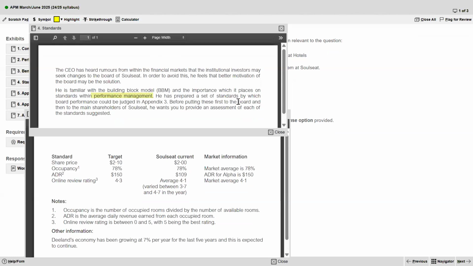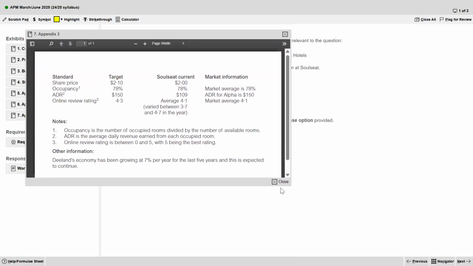He has prepared a set of standards by which board performance could be judged in Appendix 3. Before putting these first to the board and then to main shareholders, he wants you to provide an assessment of the standards suggested. So basically, what is he asking you to do? He wants you to provide an assessment of the standards which have been suggested.